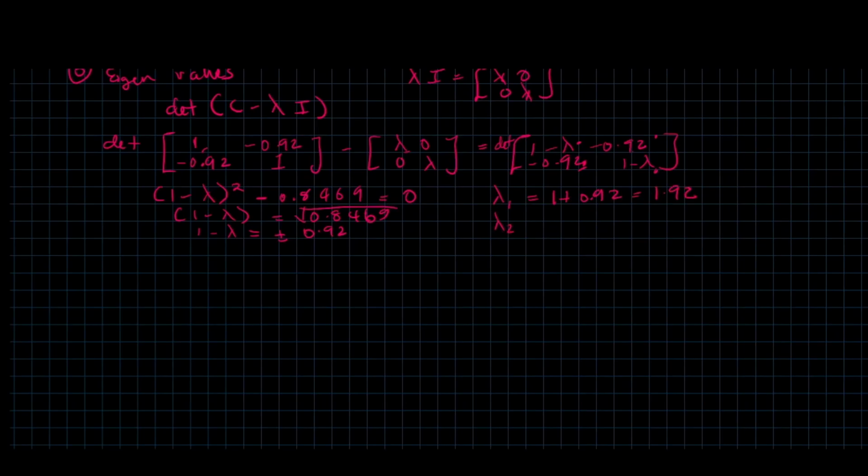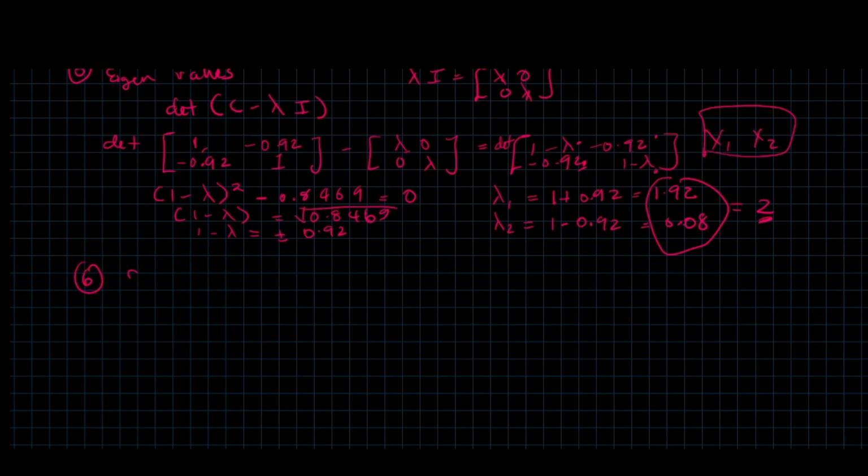The second lambda is equal to 1 minus 0.92, which is equal to 0.08. Now notice that when you add both of them up, it's going to give you 2. That's because the sum of your two eigenvalues must be equal to the number of features that came in. We had x1 and x2. There were 2 features. This must equate to that.